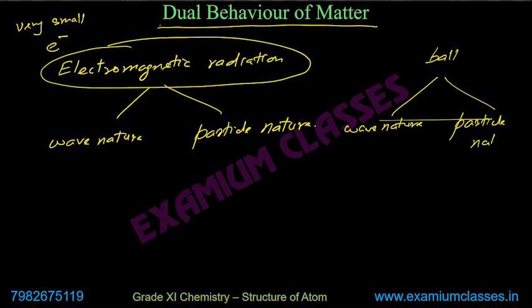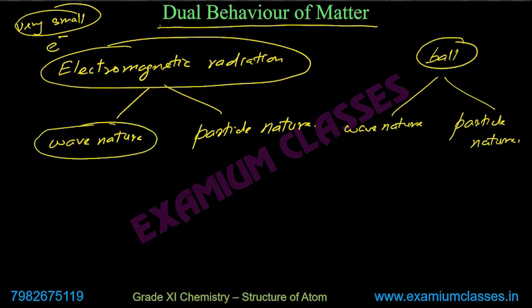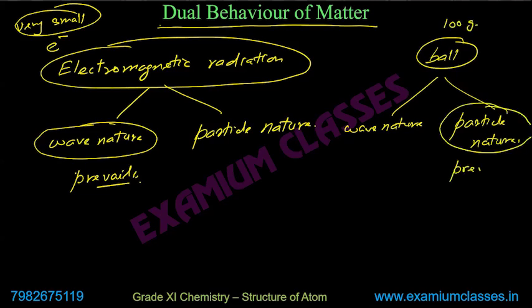But if it is very small, then wave nature will be much more than particle nature. If it is a ball of 100 gram or so, particle nature will prevail.